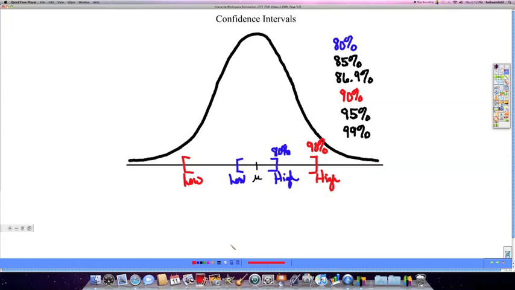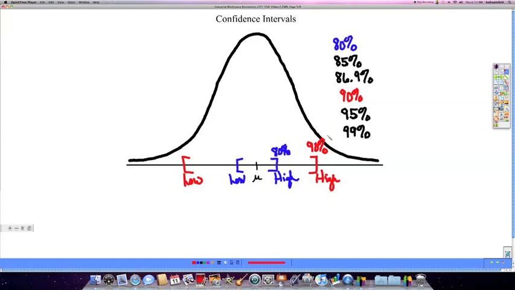This is very much the same concept as, for instance, if you were learning to shoot a bow and arrow and you wanted to be sure to hit your target, well, then you make a very large target. You make the target the side of the barn instead of a bullseye on a stand. And so that's basically it. If we want to be more sure, then we give ourselves more space to make sure that the population mean falls into.